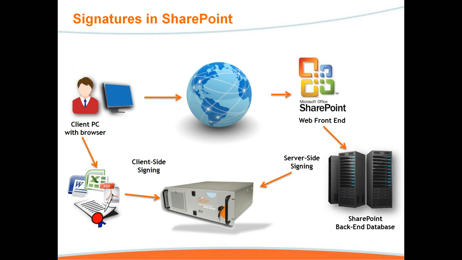So this is a side-by-side configuration where SharePoint is not aware of the digital signatures that are in the document. SharePoint doesn't enable you to sign the document or to verify the signatures, but it does contain the document with the digital signatures. So that would be one way to do it.